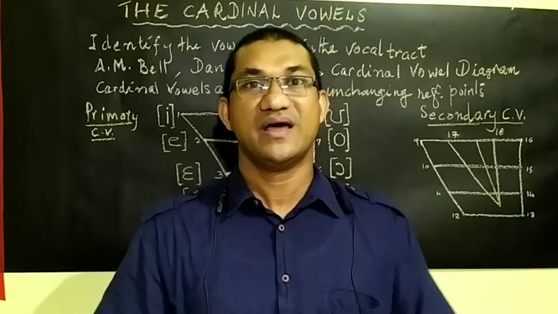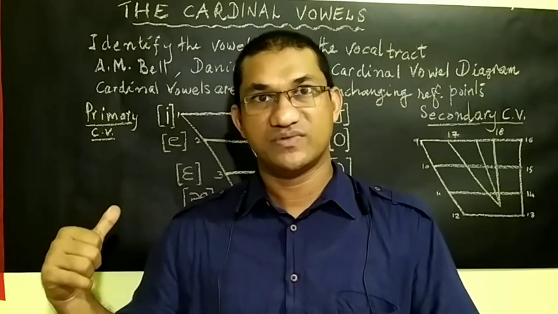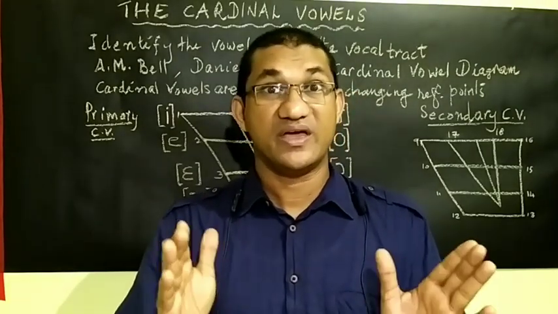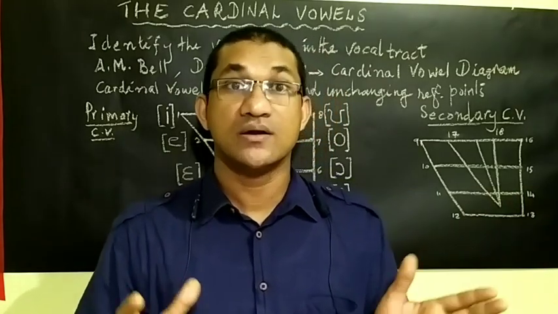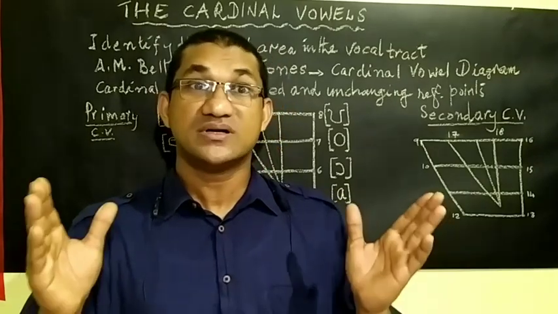Locating the pure vowels, with the help of the cardinal vowel chart and the cardinal vowels, we can locate the vowels of any language. So we have to understand what cardinal vowels are.